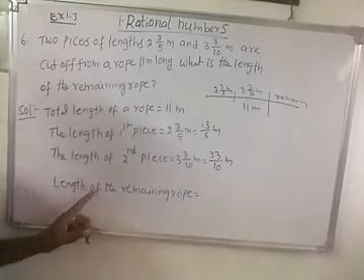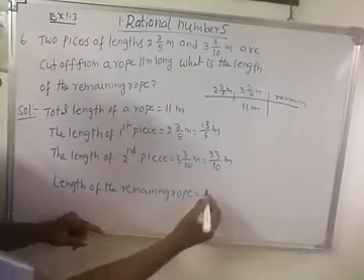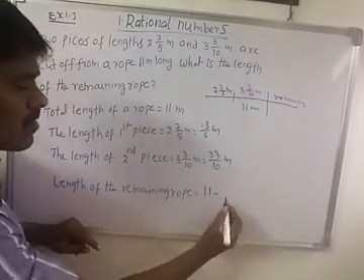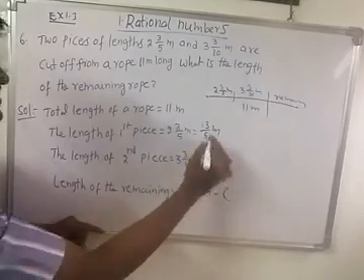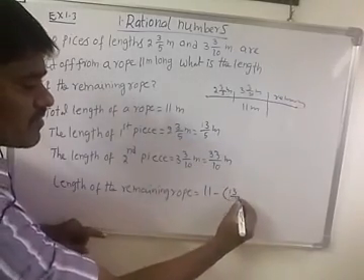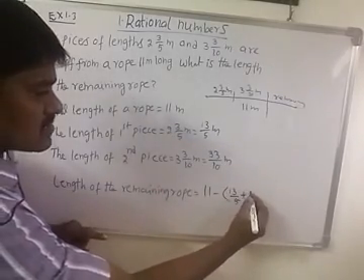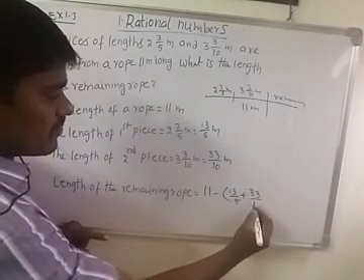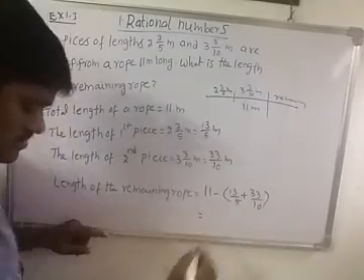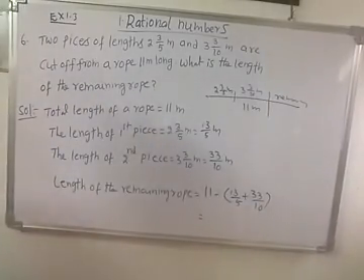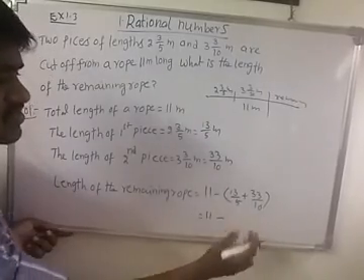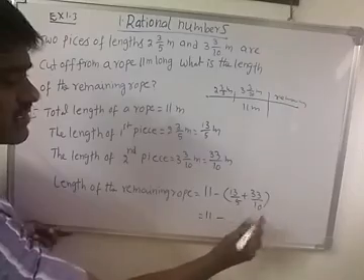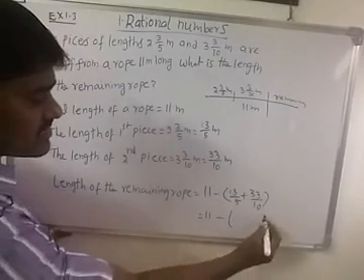Now we are finding the length of the remaining rope. So that is the total rope minus the sum of the two pieces of length. That is 11 minus, 13 by 5 plus 33 by 10. So first of all we will simplify this one. The LCM is there.